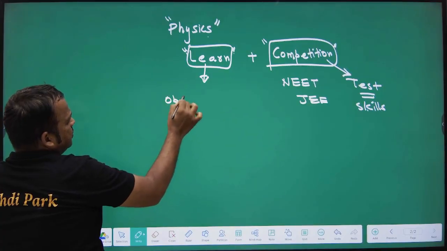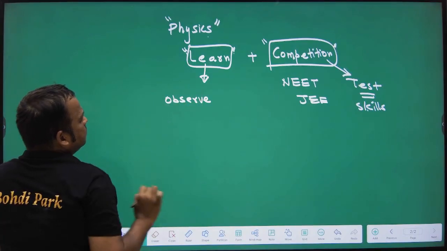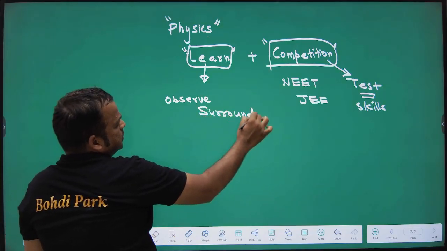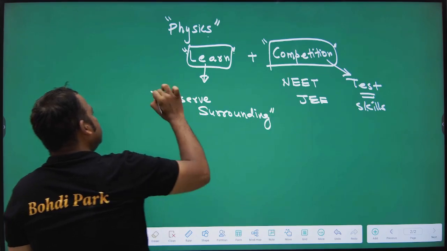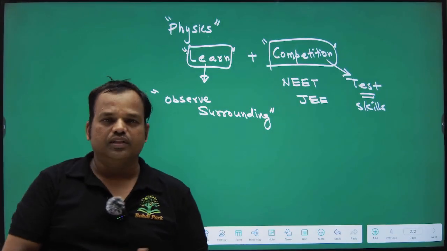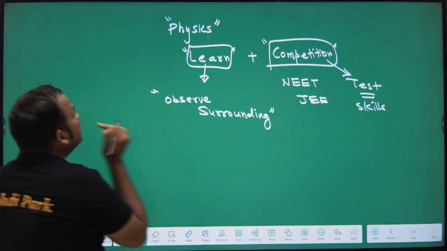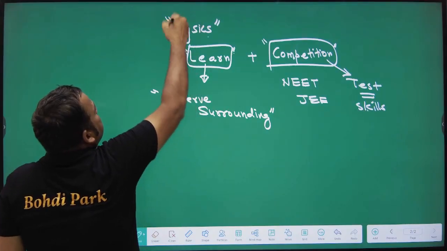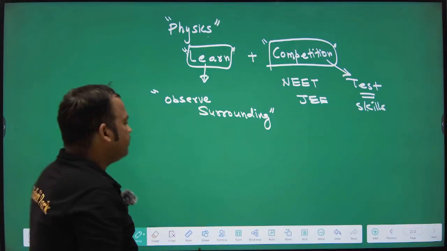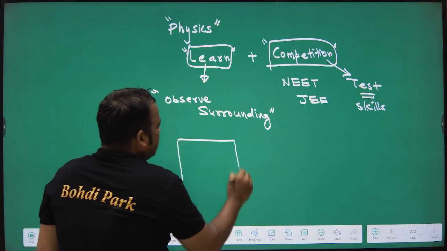First of all, the student should be able to observe their surroundings to start with. Physics is all about your observation, what you see in your surroundings. For example, suppose you are in a house.